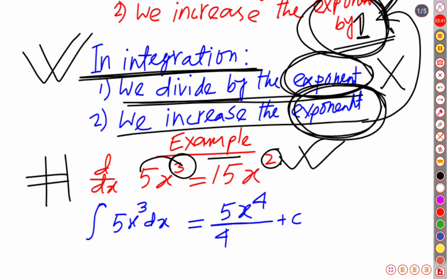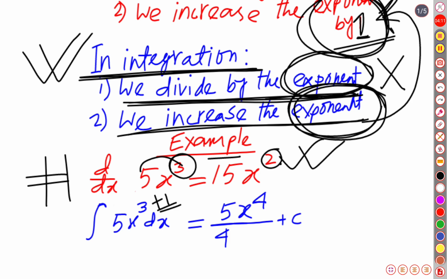What will we do in case of integration? We will divide. First we will increase the exponent. The given exponent is 3. If we add 1, it is going to be 4. So remember, first of all, in integration the exponent will be increased by 1. Then the second concept is we divide by the exponent.